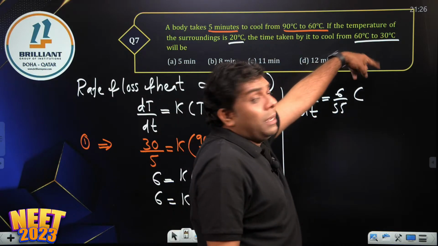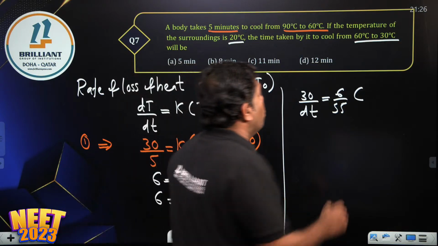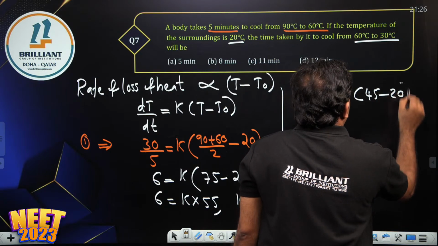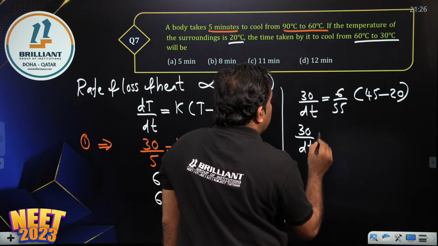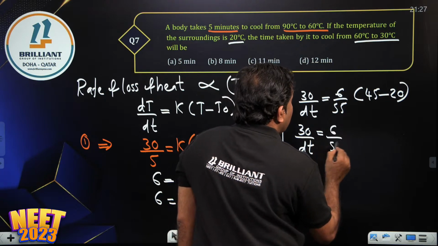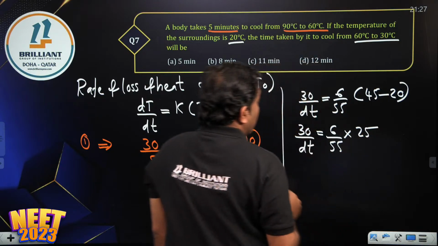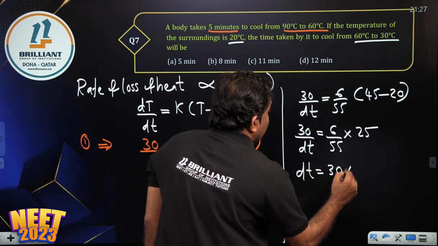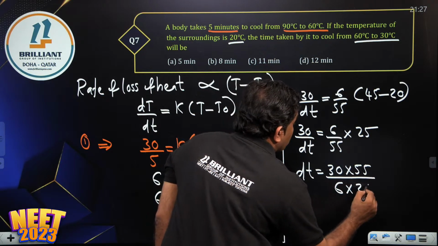So here 60 plus 30, that's equal to 90. 90 by 2, that is 45. 45 minus 20. Now 30 by dt is equal to 6 by 55 into 25. So we can find dt. dt is equal to 30 into 55 by 6 into 25.